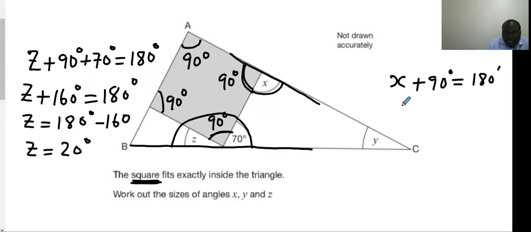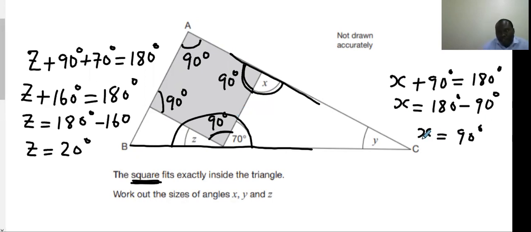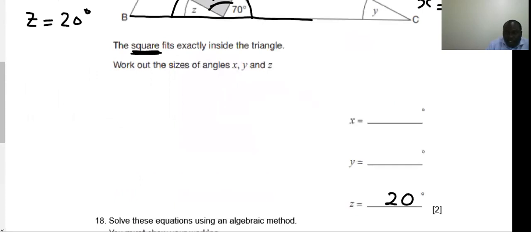To find the value of x, that will be 180 degrees minus 90, so x equals 90. Doesn't show well, okay, let me delete this. X equals 90 degrees. Yes, there we go. So x is 90 degrees.